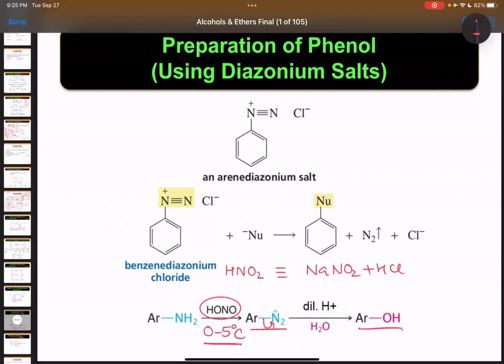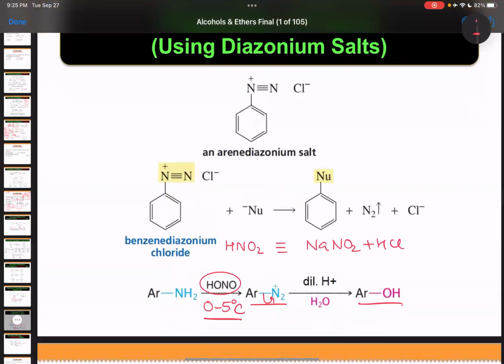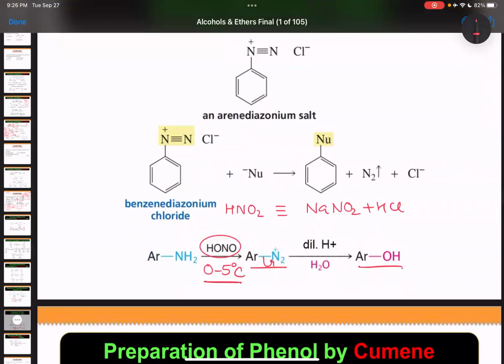Actually, there was a question in NEET where only the temperature was different, and because of that the option became incorrect. They had written everything correct, but they wrote that aromatic diazonium salts are formed by treating aniline with NaNO2 plus HCl at 300 Kelvin.